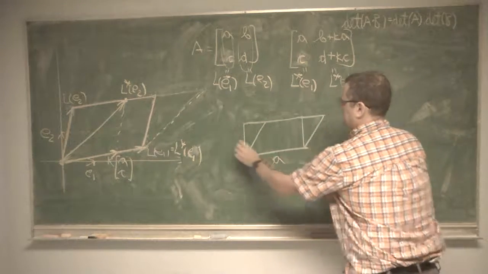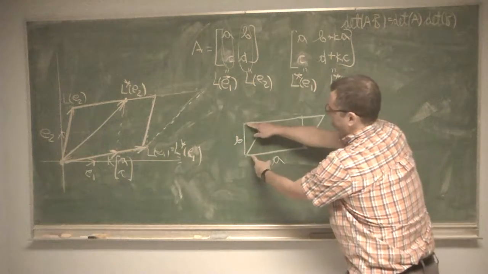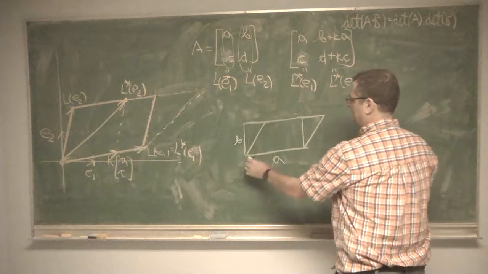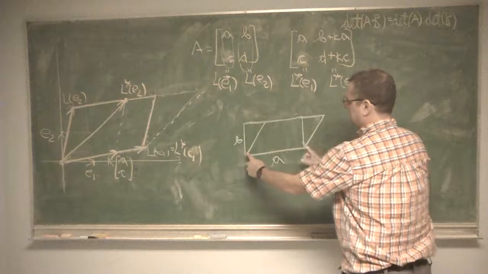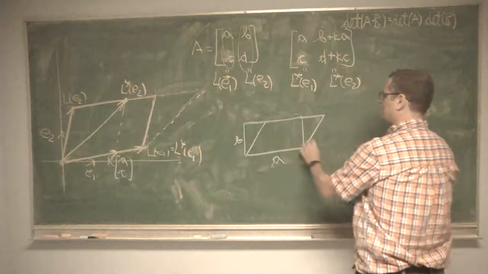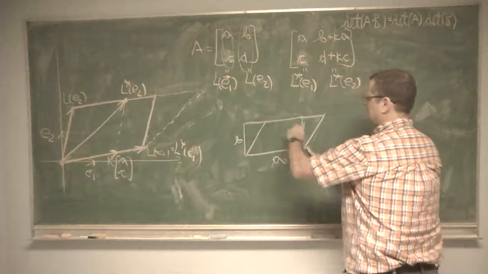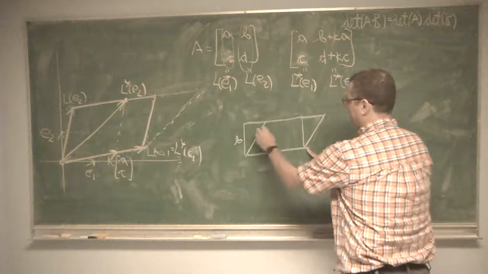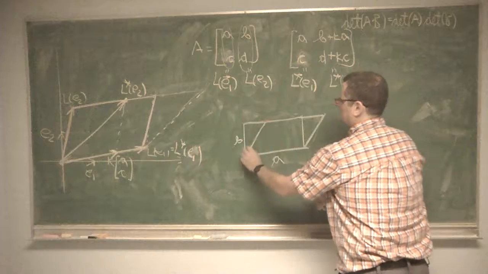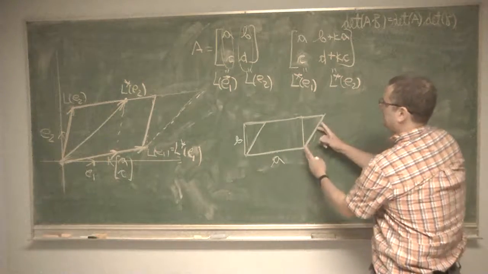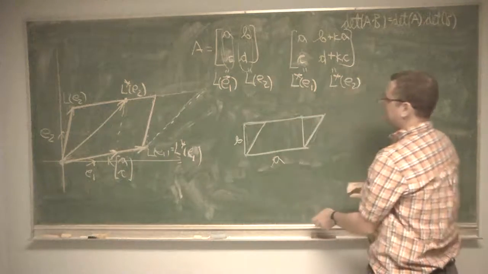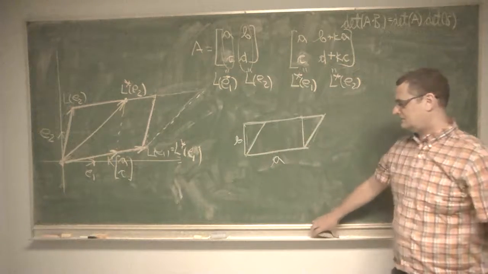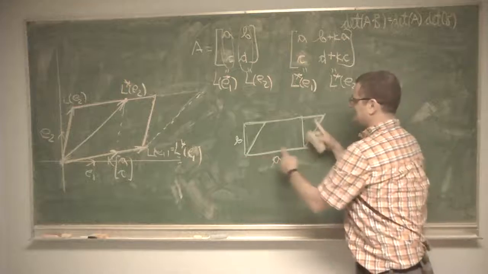If this is A, this is B, then the area of this rectangle is A times B, and the area of this parallelogram that has the same side as the rectangle is going to be, well, these two triangles are congruent. If I cut here and glue it here, you see that the area of the parallelogram is the same as that of a rectangle, so it's base times height.